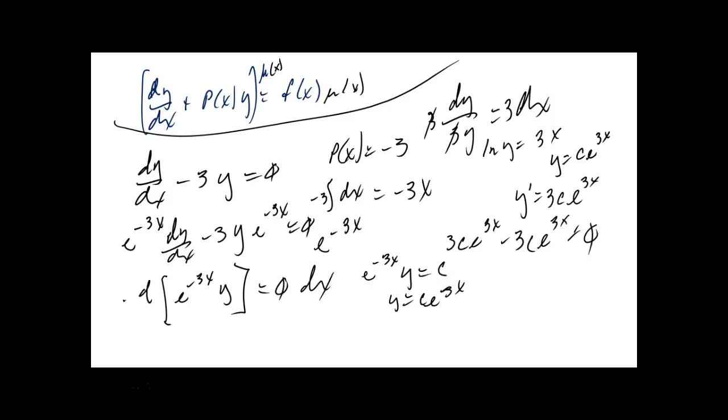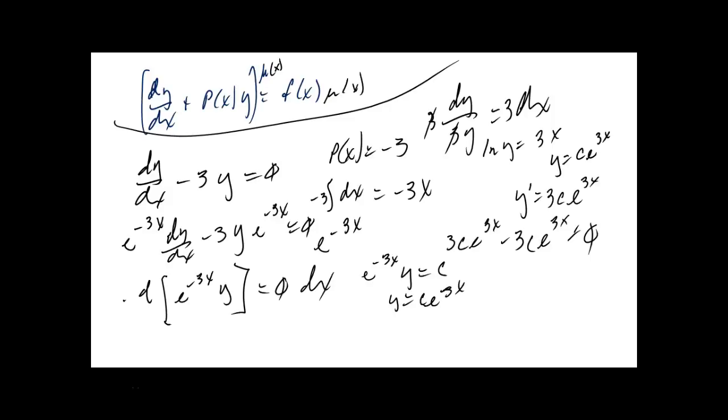What you're trying to do is lose the derivative of y. You want what y is. That's what you're looking for. Since you can get this thing to be a product, that's why you call it integrating factor. You get this to be a product rule of a derivative with just a y in it.